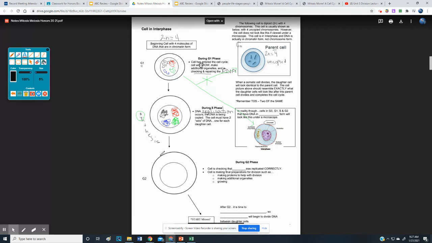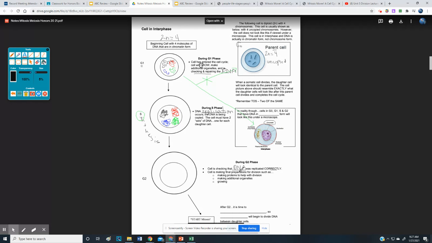After the DNA is done being replicated, the cell is going to move into G2 phase. And this is another important checkover event. So during G2 phase, that cell is making sure that the DNA got copied or replicated correctly. Because this is a big event, copying the DNA. Let me give you an idea of what your cell has to do in a couple hours with its DNA when it's replicating it.